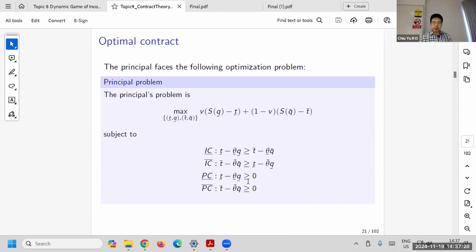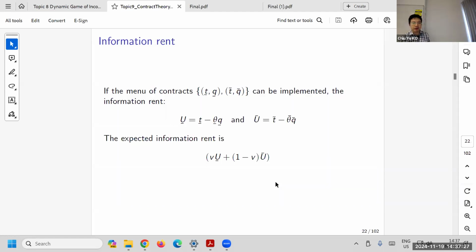By looking at this, it's not easy to see how to solve this problem easily. But if you look at the textbook in the reference list, by Laffont, okay, Laffont.